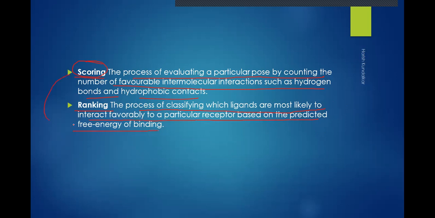So the free energy predicted on the basis of scoring functions, on the basis of that predicted free energy, we'll be ranking those ligands. So in one of the examples that we saw, -7.8 would be the ligand which is binding the best. So ligands with binding energies between -7 and -8 will be ranked higher as compared to maybe those in the -1 range and the rest in that particular example, right?